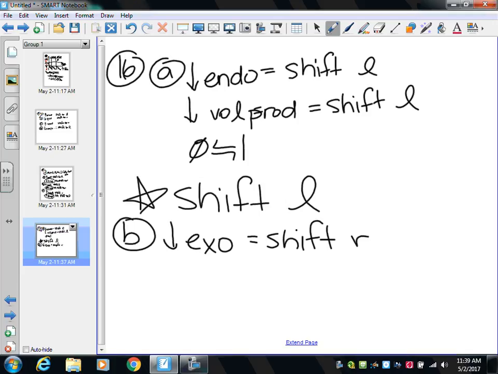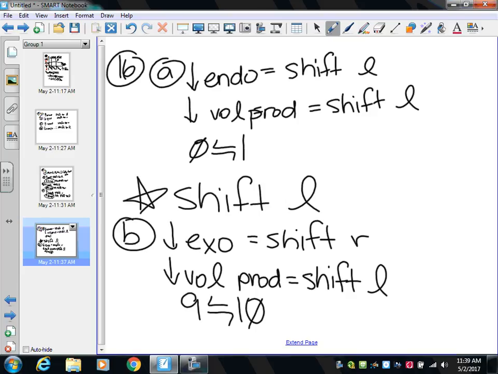Okay. And this time we're going to do the same thing, looking at the volume increase and decrease. How many items do I have on the left? 9. And how many on the right? So which side has more, reactant or product? So which way is this one going to shift?